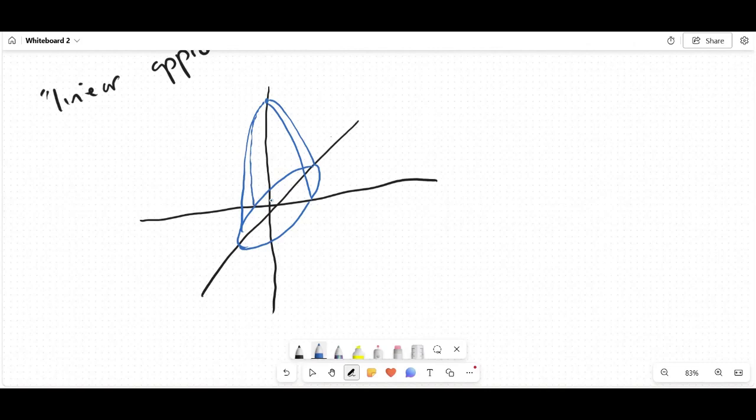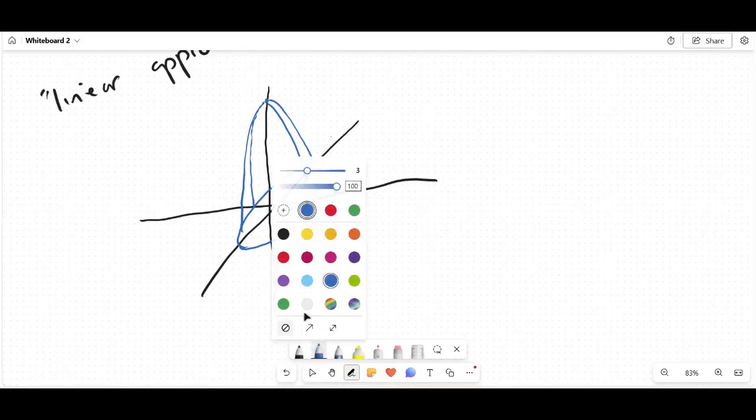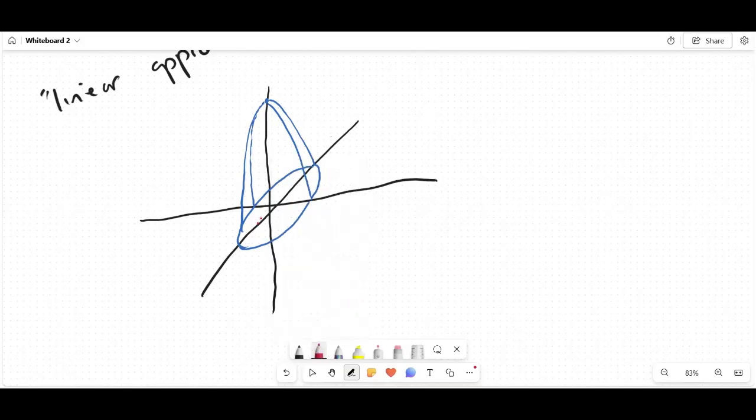Let's imagine that we were looking at a function like this. And we had some starting point, maybe right here, in the plane.